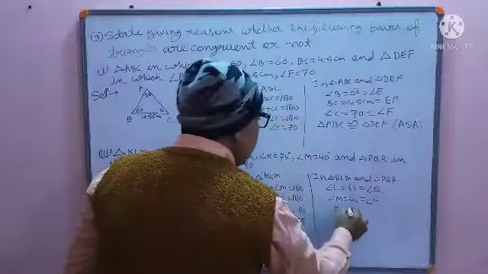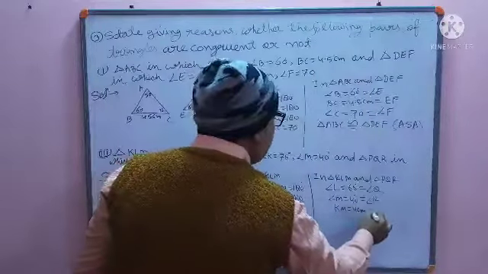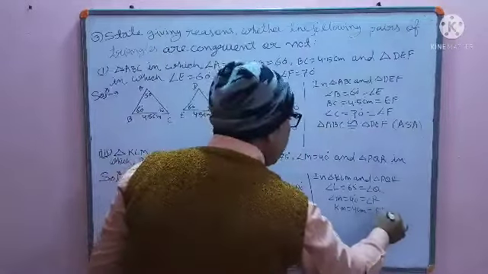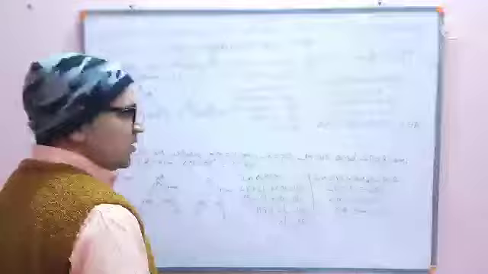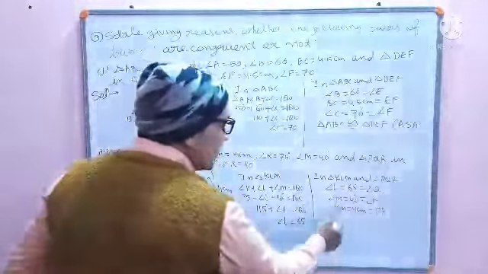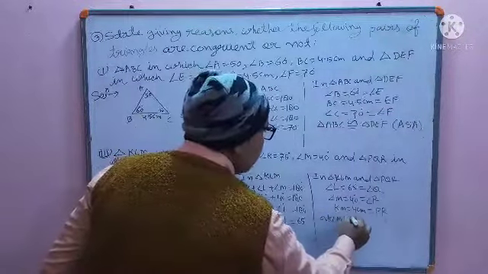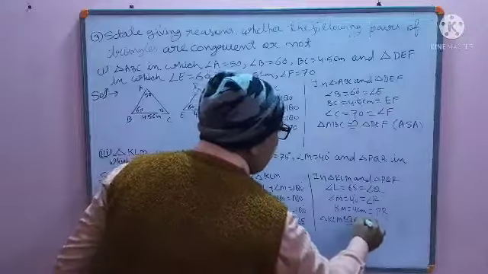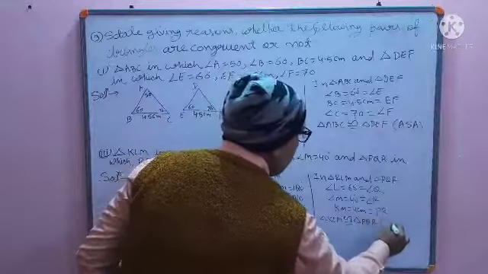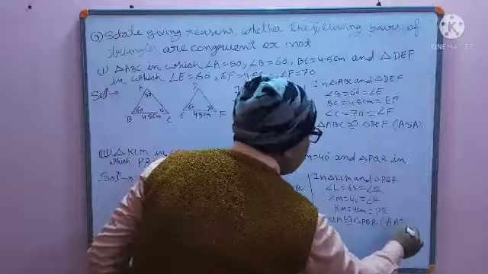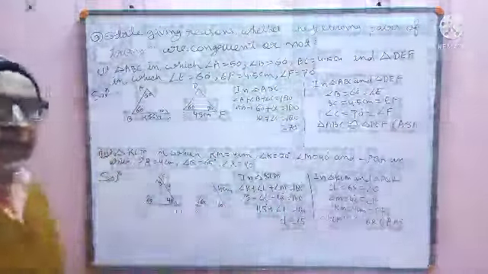Here KM is 4 centimeter and there PR is 4 centimeter. So by the criteria of angle side, both the triangles are congruent. So triangle KLM is congruent to triangle PQR by the criteria of angle side.